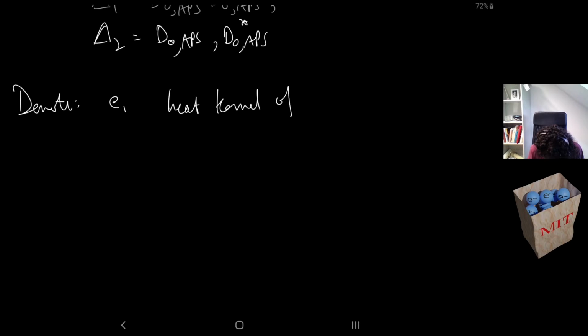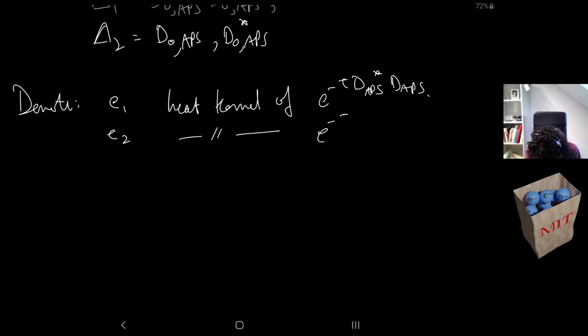So for the purposes of this analysis, let E1 be the kernel, the Schwarz kernel, the heat kernel of e to the minus tau D APS, and E2 of e to the minus, well, I can just write the Laplacians here actually.